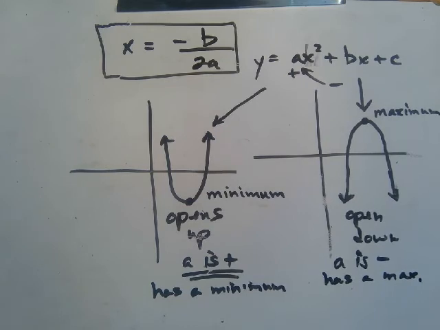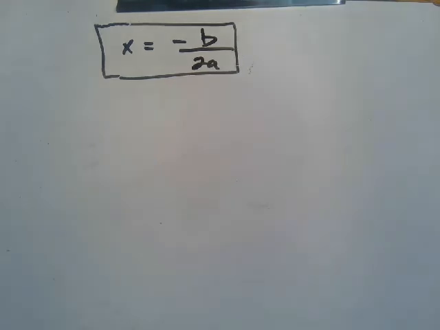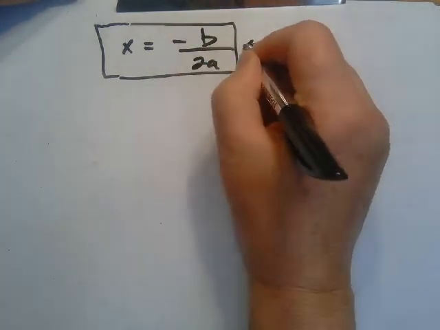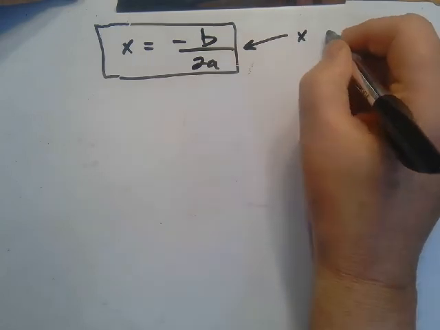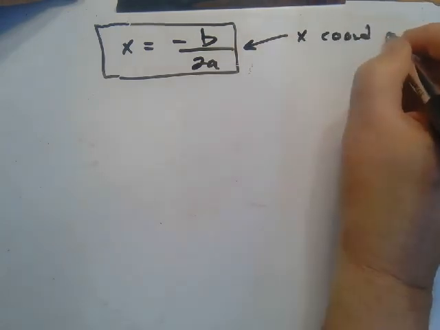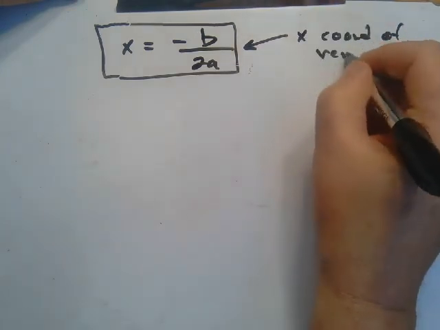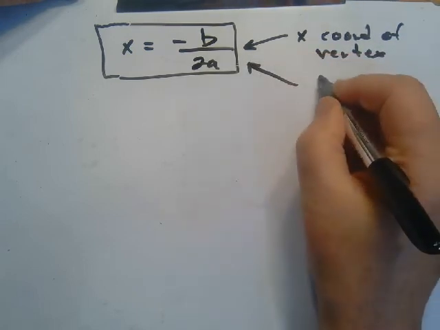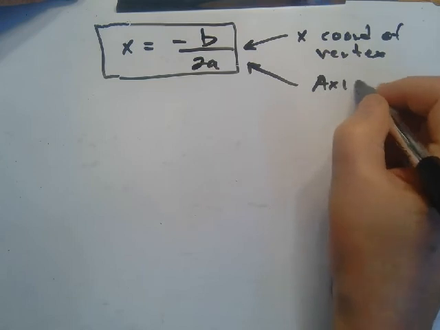I'll do a couple problems for you, which are word problems. Okay, let's just quickly summarize. This is the formula. I've left it up here the whole time. This formula helps you find two things. It helps you find the x-coordinate of the vertex, and it also helps you find the axis of symmetry.